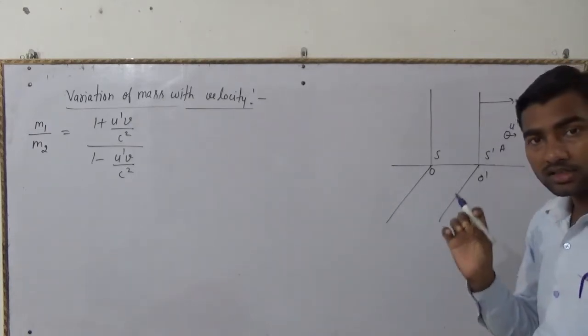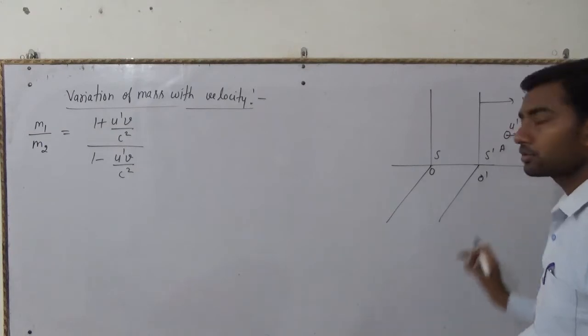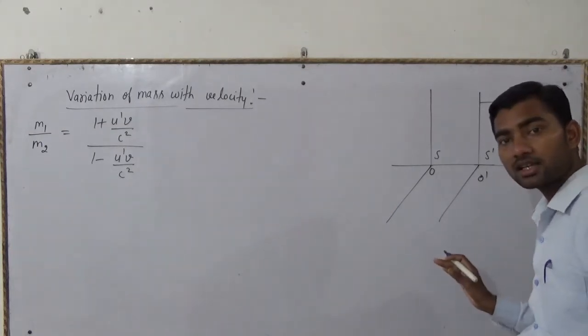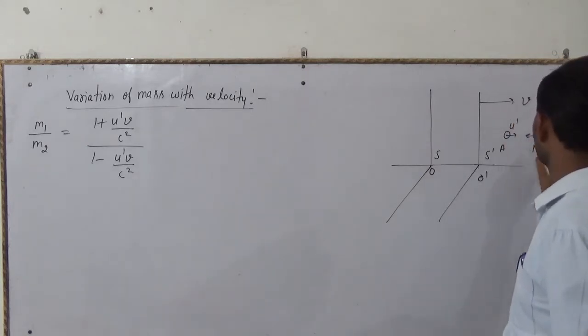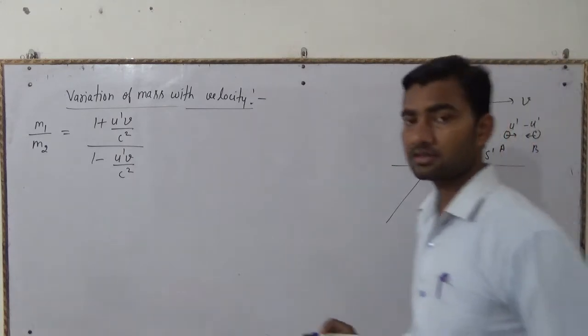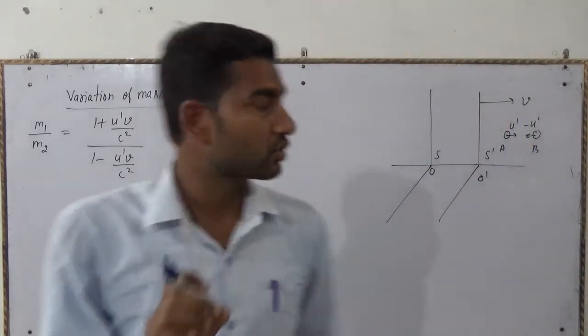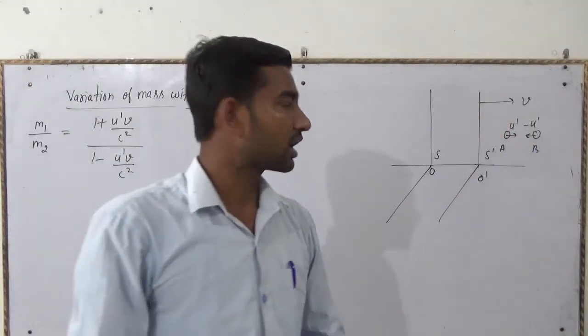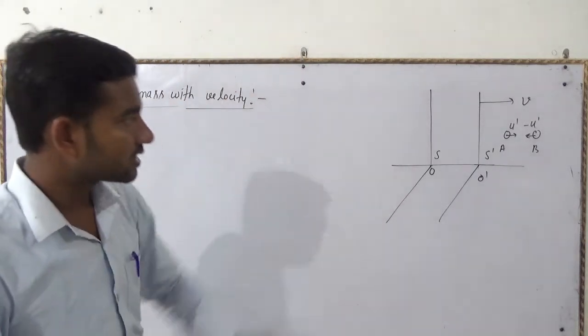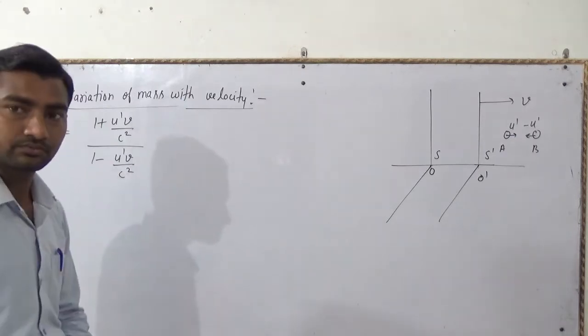The velocity of particle A is along the positive x-axis and the velocity of particle B is along the negative x-axis. Hence we assumed the velocity of particle B was minus u dash. Under this condition we found this result.